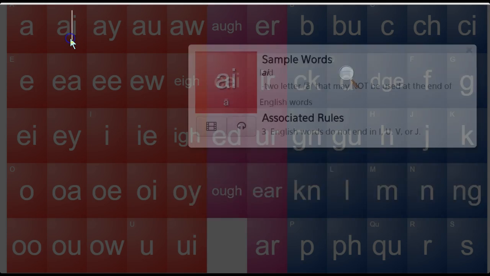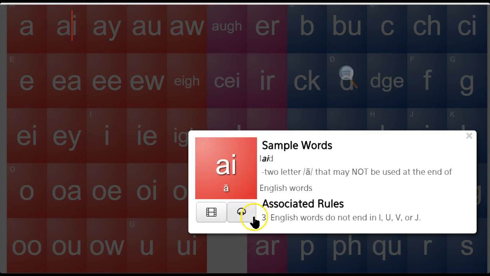So let's take a look at that. Here we have the long A. Usually the long sound will be the sound of the letter in the alphabet. A, two-letter A that may not be used at the end of English words. You cannot use this because English does not ever end in an I. It's good to know that. The sample word is aid, A-I-D.